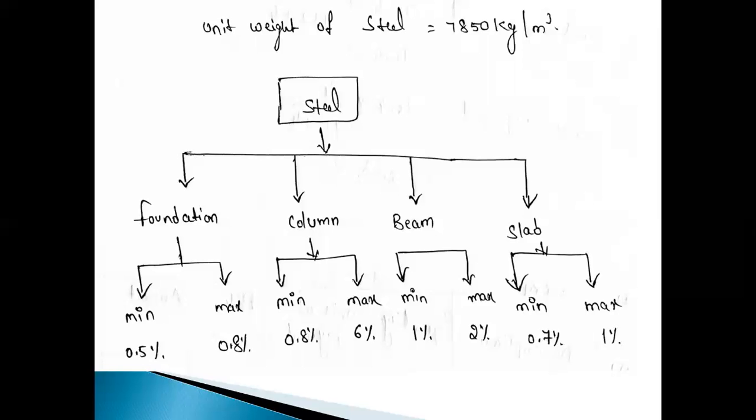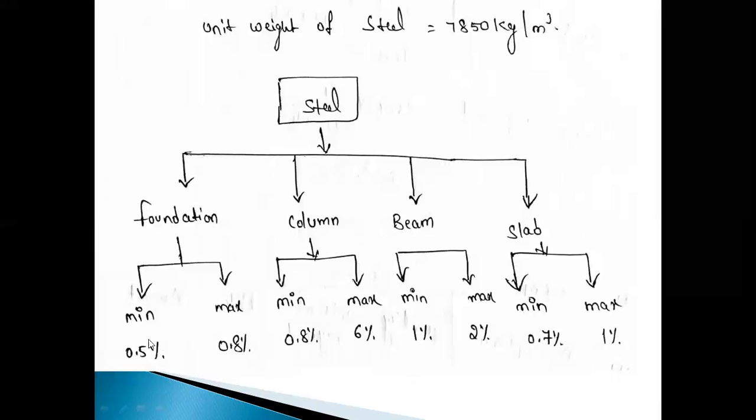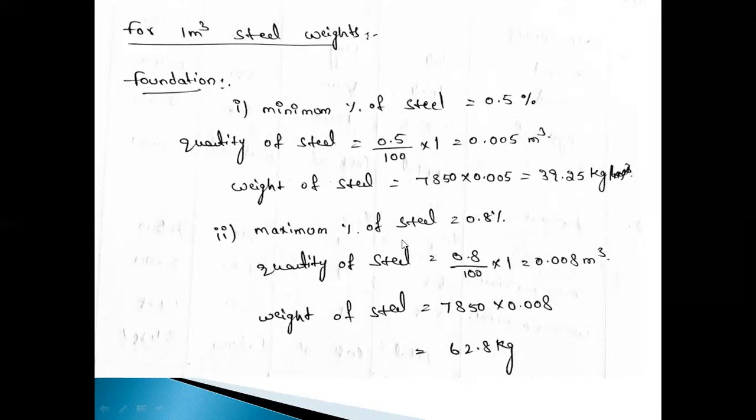So we have calculated how many kgs of steel are used in foundation, column, beam, slabs. First one, for 1 cubic meter, the unit weight of the steel in minimum and maximum in foundation. First, minimum percentage of steel equal to 0.5 percentage, maximum is 0.8 percentage.